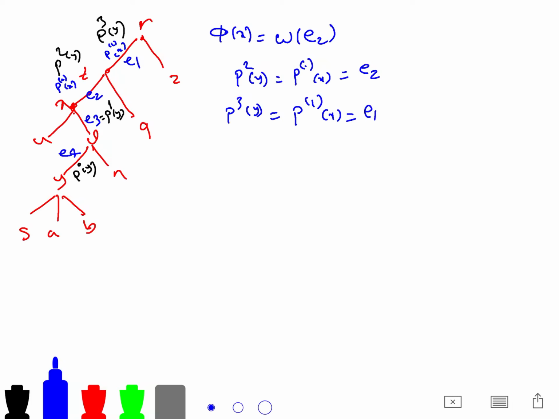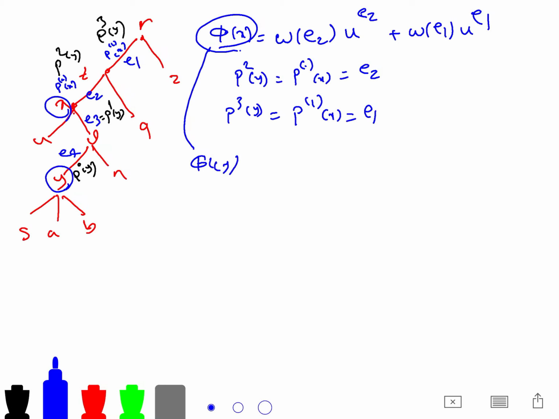Now you want to define your embedding, which is W of E2, U E2, plus W of E1, U E1. And this is phi of x. Let's write phi of y as well. Starting from y, it becomes W of E4, U E4, plus W of E3, U E3, plus the same thing that happens for x.